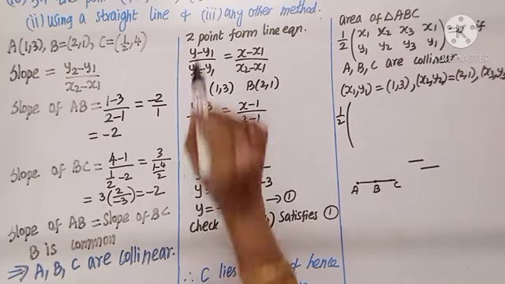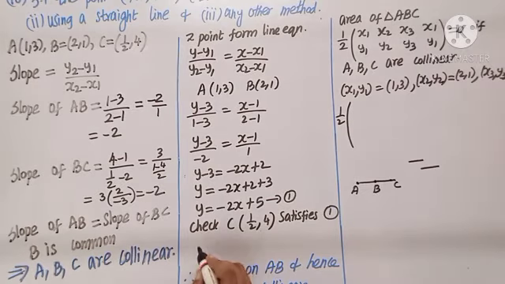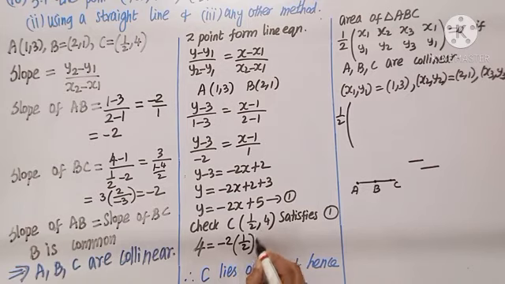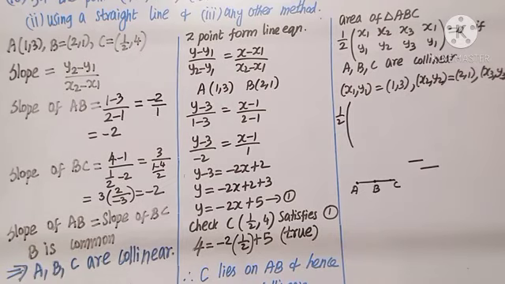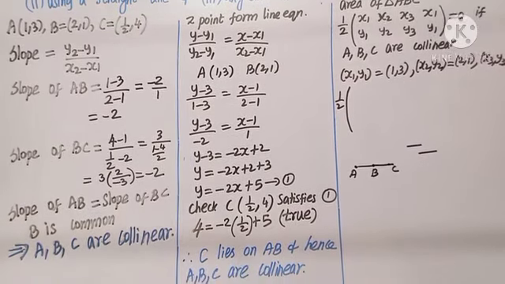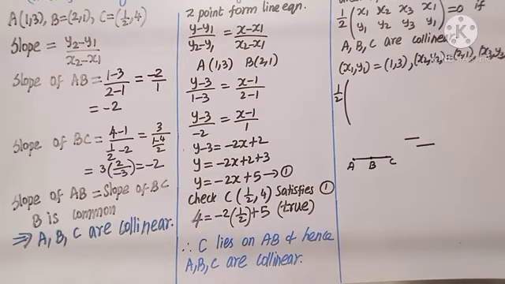Check whether the third point C satisfies this. Substitute 1 by 2 wherever x comes, and 4 wherever y comes. 4 equals minus 2 into 1 by 2 plus 5. 2 and 2 cancel. 5 minus 1 is 4. So this is true. C satisfies equation 1. This tells me C lies on AB, and hence A, B, C are collinear.